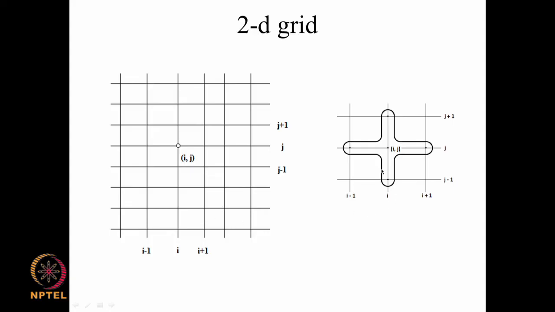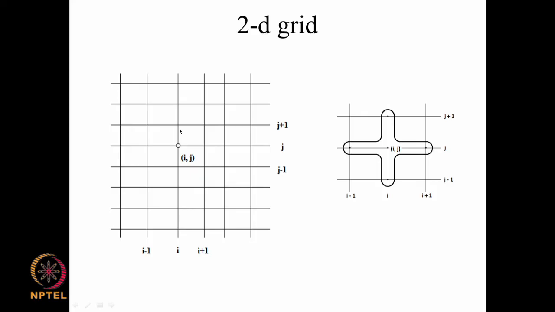So, the computation molecule for the evaluation of dou square u by dou x dou y, the mixed derivative, will bring in the corner points, whereas if you evaluate the second derivative of u with respect to x or y, if you are evaluating this with respect to x, then it is the 2 immediate neighbors to the left and right that will come.